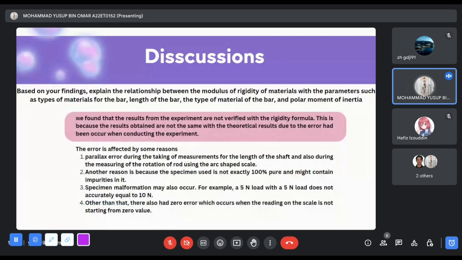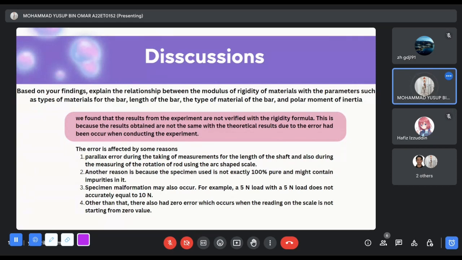So based on the question, we found that the results from the experiment are not verified with the rigidity formula. This is because the results obtained are not the same as the theoretical result due to some errors during the experiment that we conducted in the lab. So these are some of the possible errors that we made during the experiment. First, parallax error during the taking of measurement for the length of the shaft, and also during the measuring of the rotation of the rod using the arc shape scale.